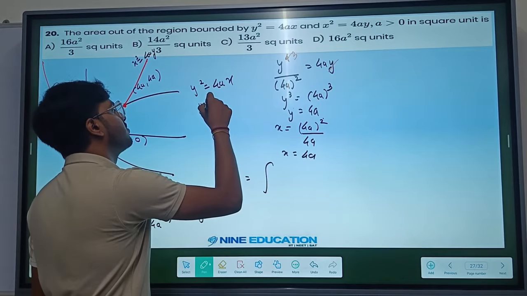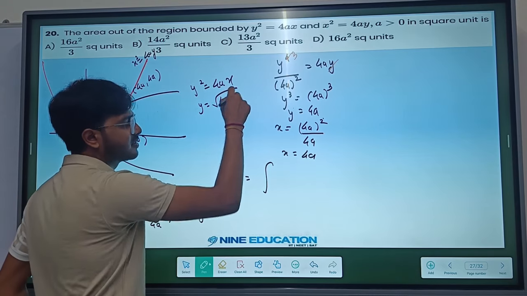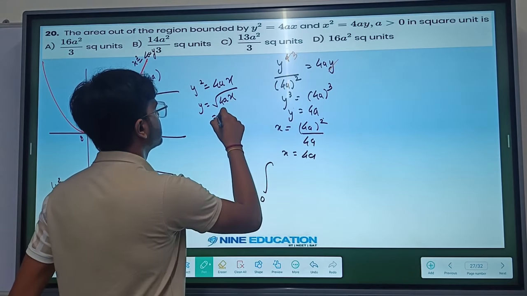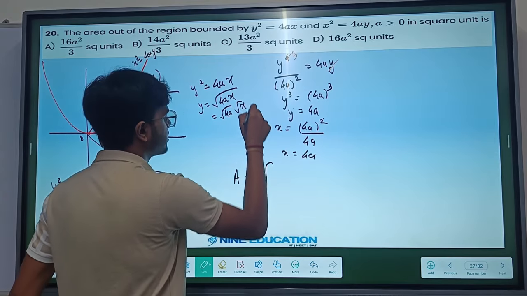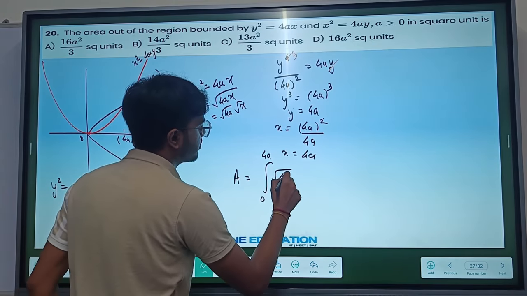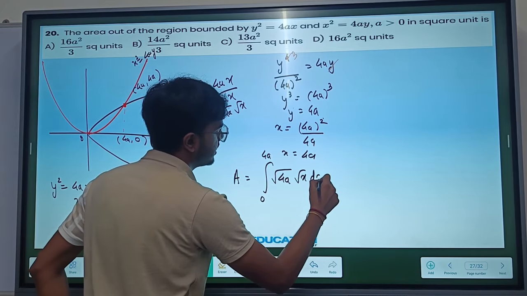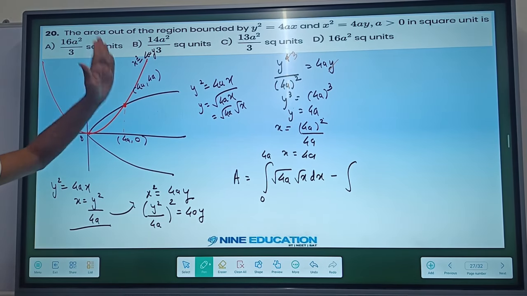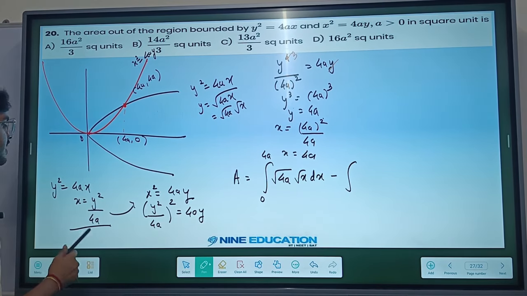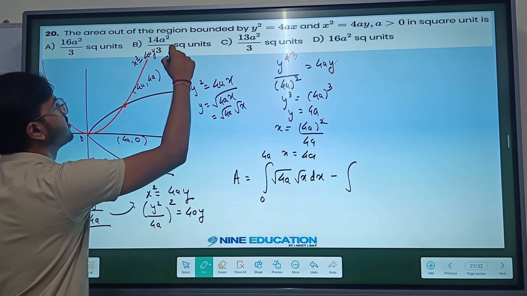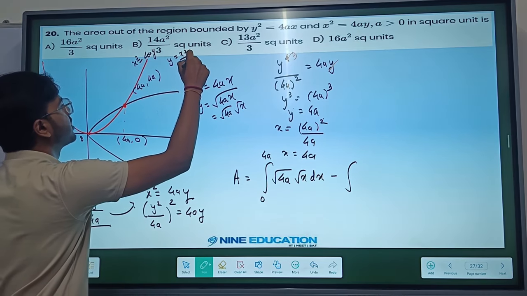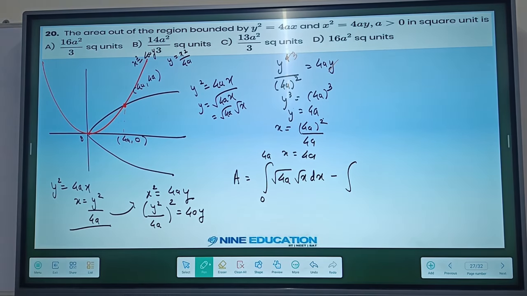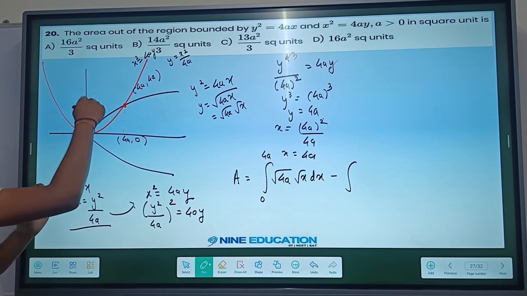So y would be equal to under root 4ax, yes or no? So that is root 4a into root x. So integral from 0 to 4a of root 4a, root x dx, minus the smaller curve. What is the smaller curve? This one, x square equal to 4ay. If we have x square equal to 4ay, y equal to x square by 4a. Since an answer is asked, we'll try to find this.